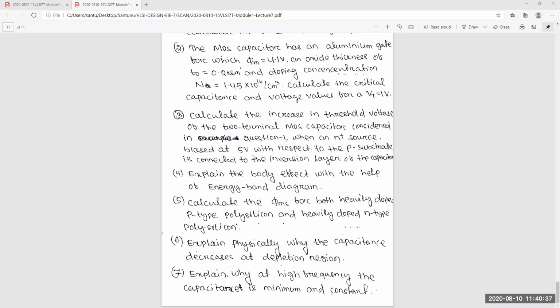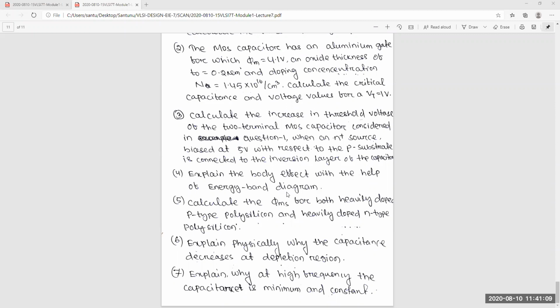According to the body effect, you can calculate the increase in threshold voltage, from 1 volt to how much. How does the threshold voltage increase if you apply 5 volts source to substrate bias, you will calculate that. Okay. And the fourth thing is, this body effect you can also calculate or explain through the band diagram. So I expect you will do that.